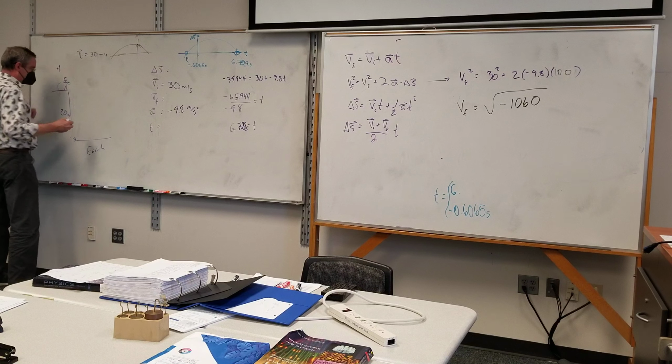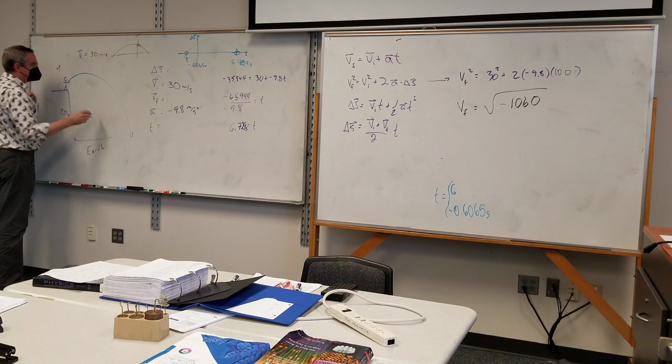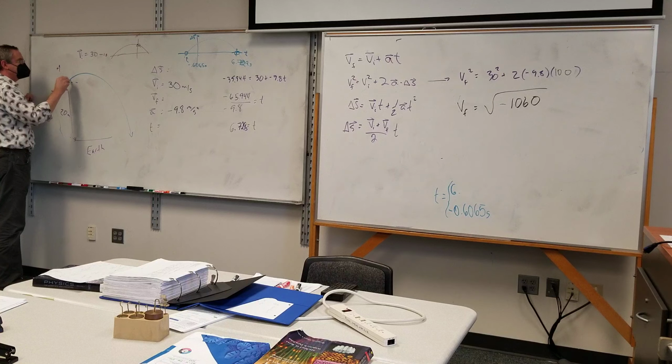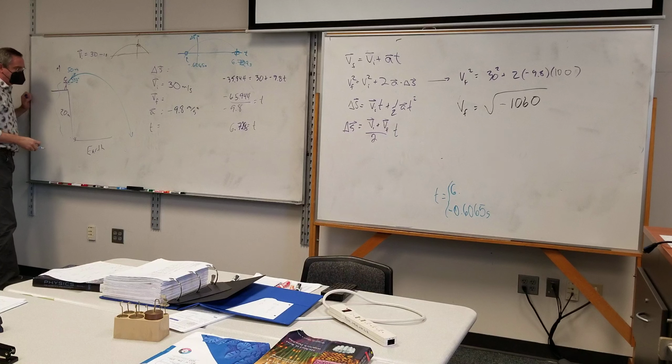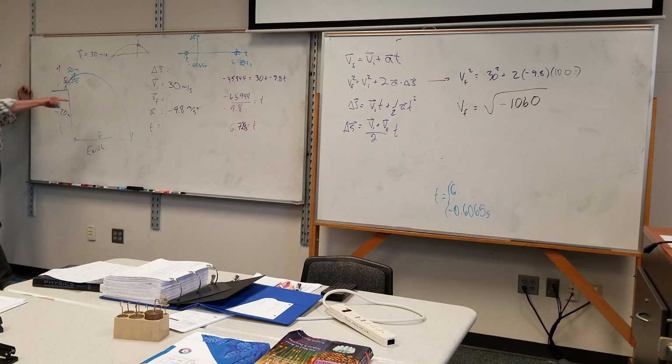So back to this. This time it's thrown at an angle. So initially at 50 meters per second, at an angle of 37 degrees. I want to know, how far out does it go at the base of this cliff?